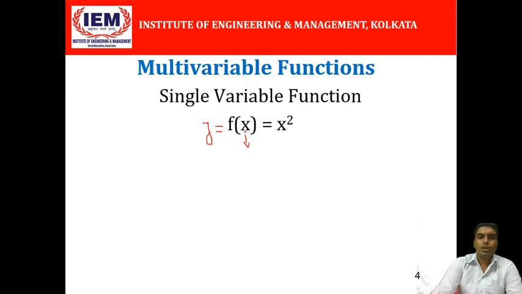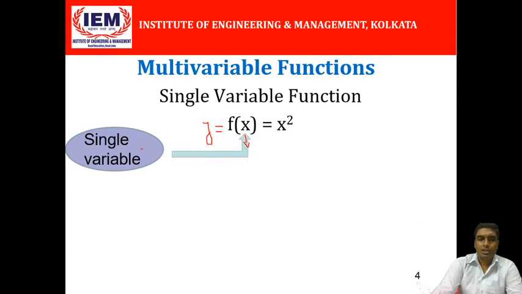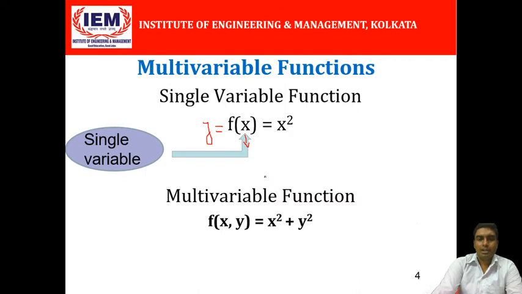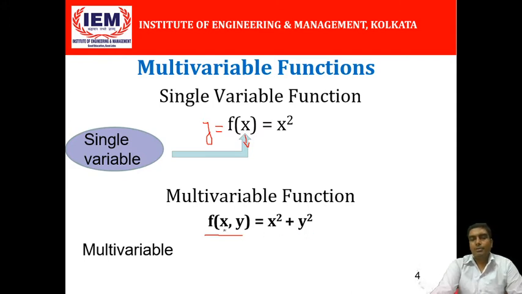Now instead of only a single independent variable, in the case of a multiple variable function we have more than one independent variable. In this function, f(x,y) equal to x square plus y square, we have two independent variables, x and y.